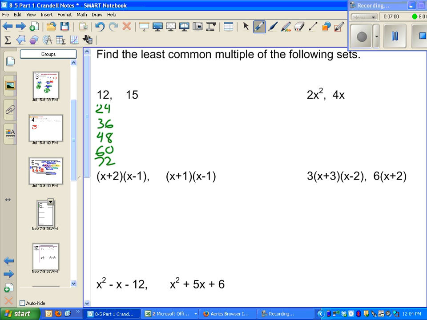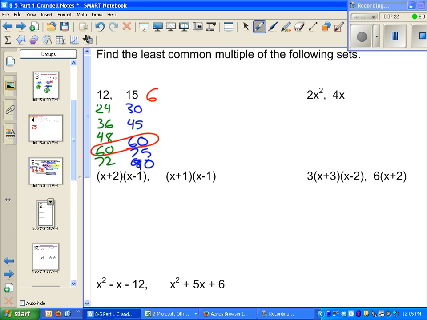So those are multiples of 12. Multiples of 15 are, let's see, 15, 30, 45, 60. All right, and I can keep going. So I could go to 75, 80, 90, just kidding. So the least common multiple is right here, it's at 60.